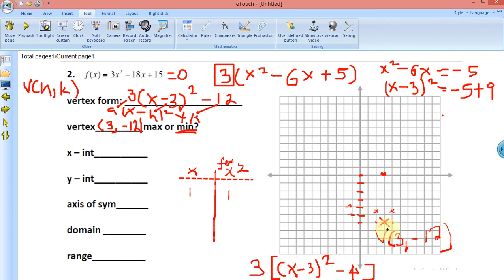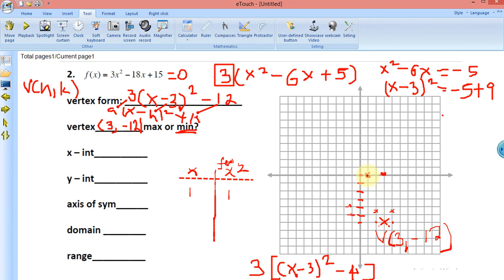I have 3 here, 2, 1. So when x is 1, y is 0. So this is the point (1, 0).